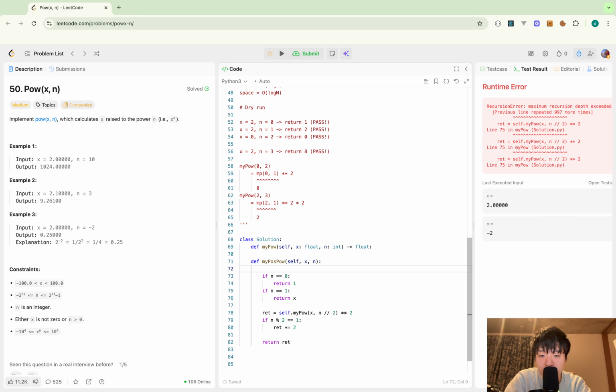I assume here that n is larger than 0. So if n is 0, I handle it here.